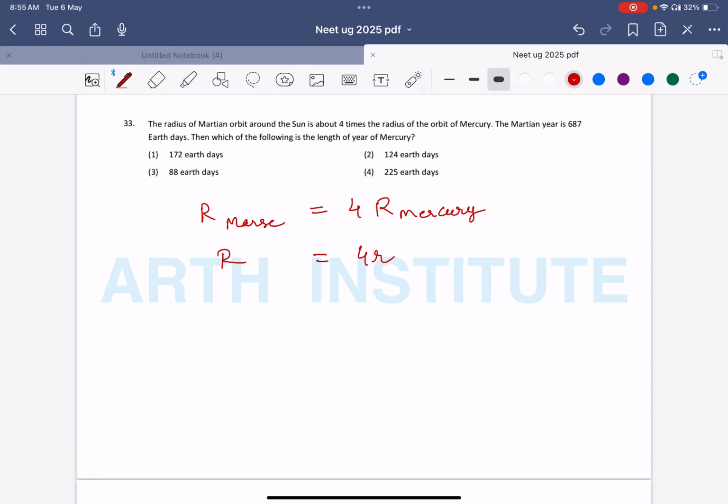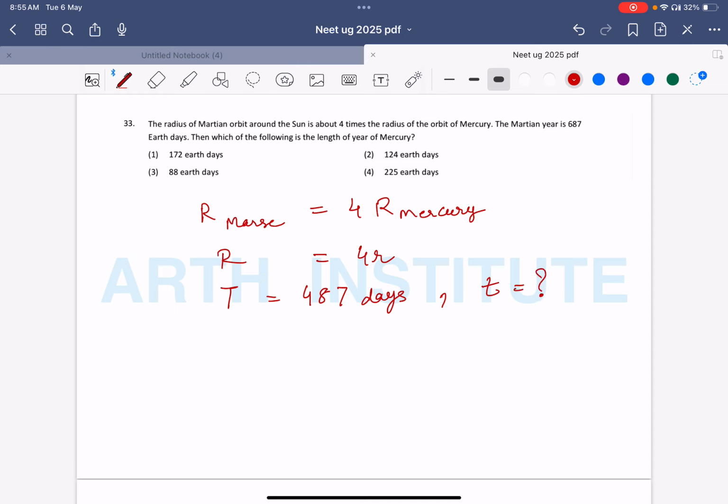The Martian year, let me put as capital T, is 687 days, Earth days, and it is asking you what is the length of year of Mercury. So let me put it as small t. This has to be found out.